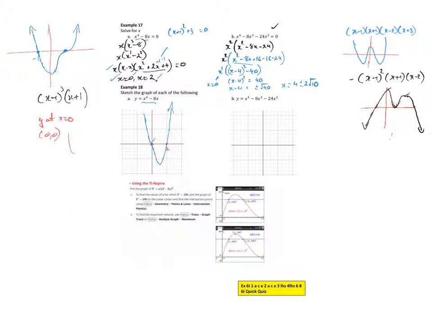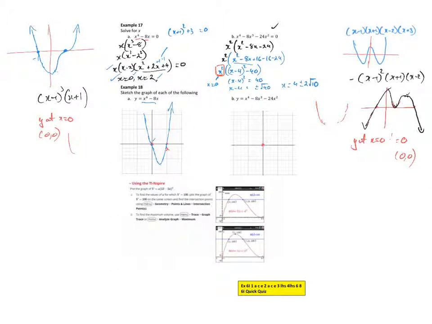So y-intercept, x equal to 0. And again, that means y is equal to 0 as well. And in fact, at x equal to 0, it's a squared factor or a squared solution. So that's going to be a bit of a turning point there. It's a positive, so it's going to come down and go up that way.